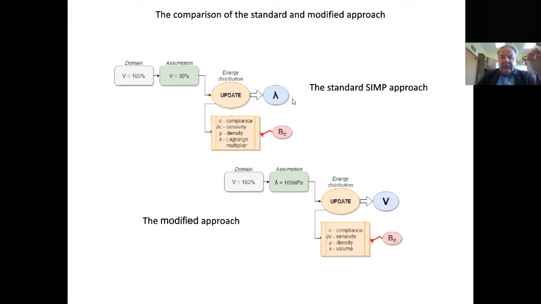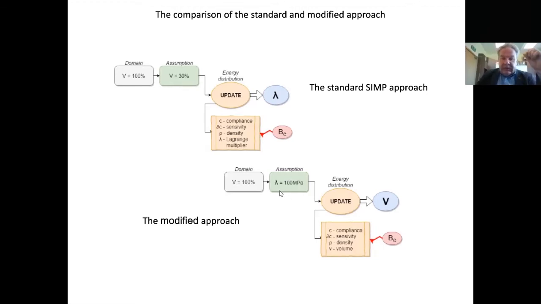Now we are able to modify the standard SIMP approach. The modified approach just switches these two terms. The volume constraint, which is fixed in the standard approach, and we have to find the value of the Lagrange multiplier to be in line with this assumption. So we switch the roles.